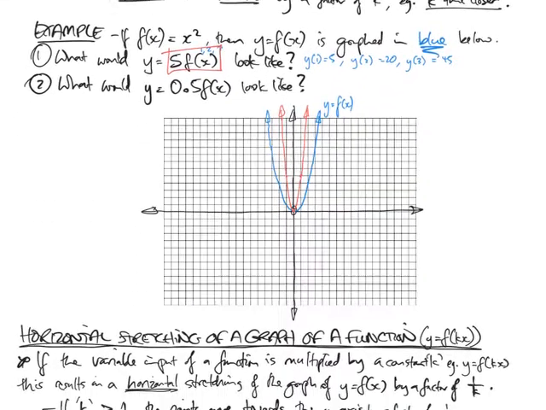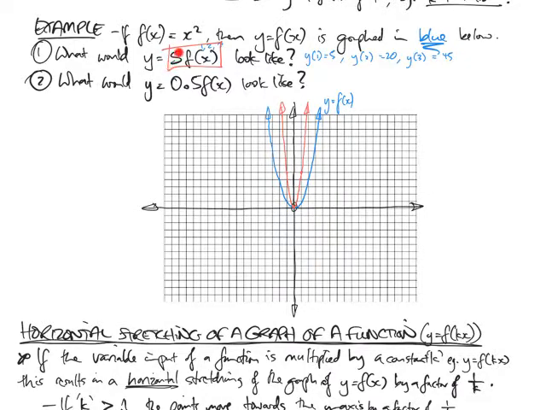Well, k in this case was 5, and at this point, on the original graph, the graph was 1 unit away from the x-axis. Now that we've multiplied it by k, it's 5 units away from the x-axis, which is 5 times what it originally was. So yes, it's a factor of 5 away from the x-axis. It's been stretched up. So now let's look at the opposite case, when k is between 0 and 1.